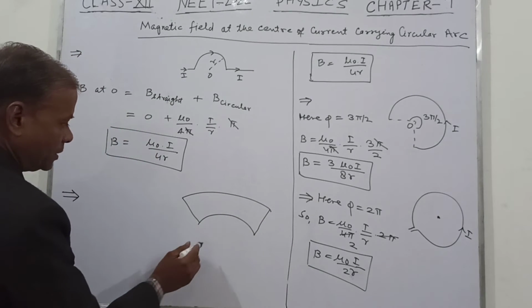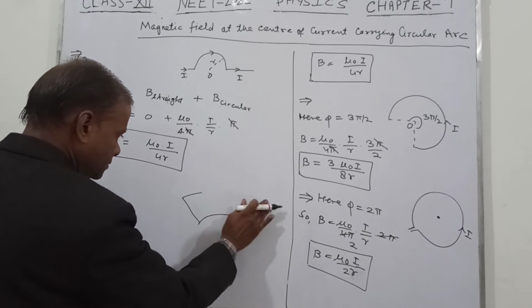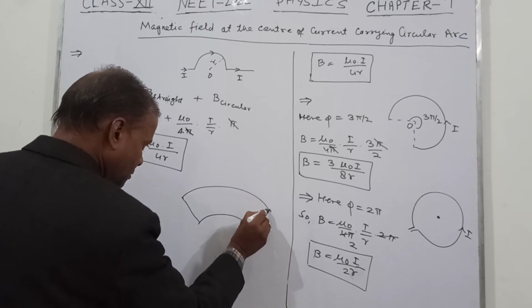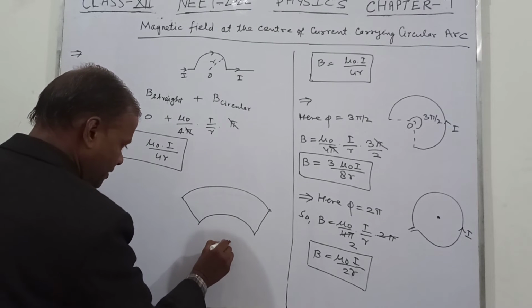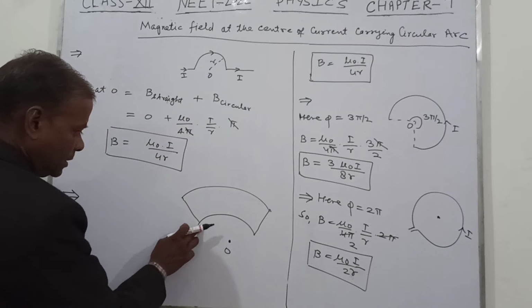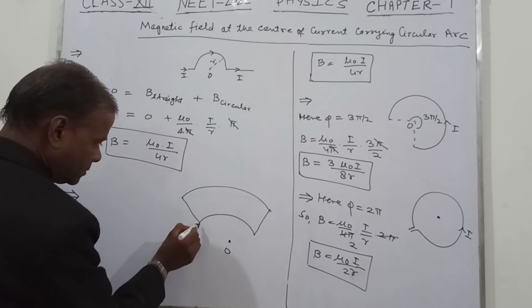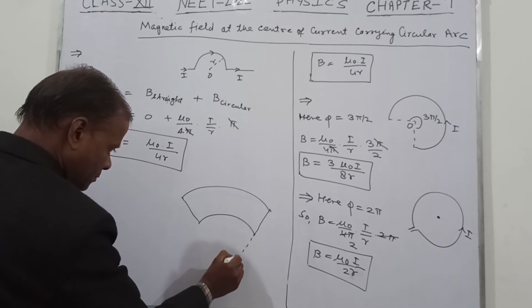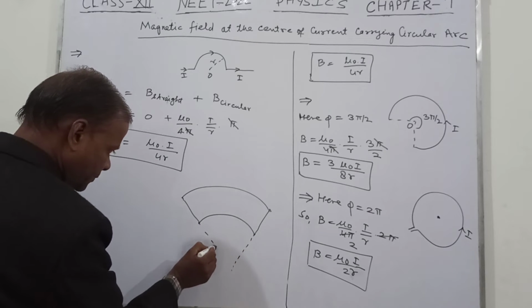This is also a circular arc. This is carrying the current. This is now center O, and they meet at this point.